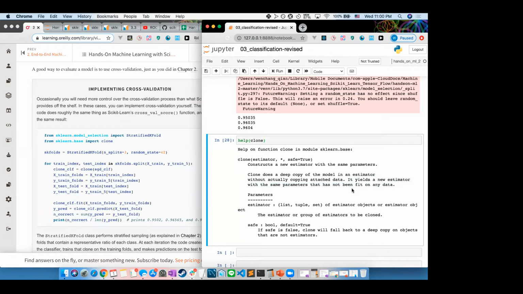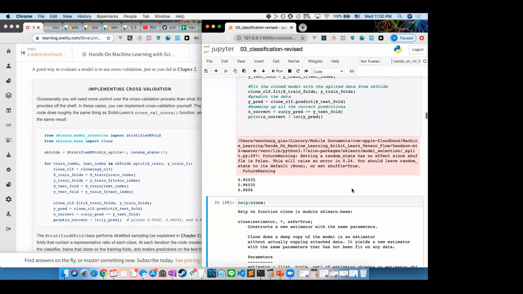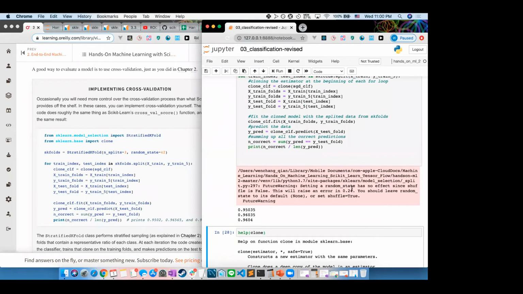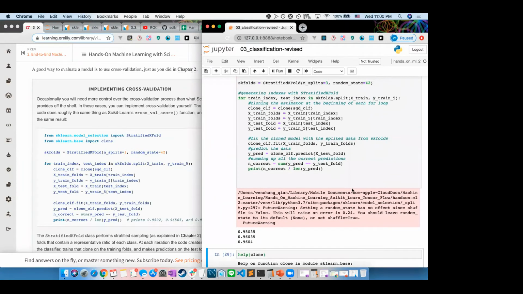Right. Okay. And I had one more question. I thought that during cross validation, suppose you have 5 folds, you train on 4 folds, and then you predict on the 5th fold, right? Correct.